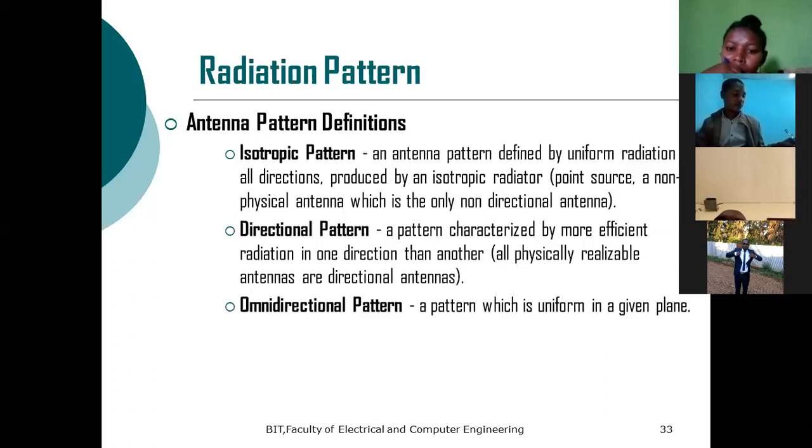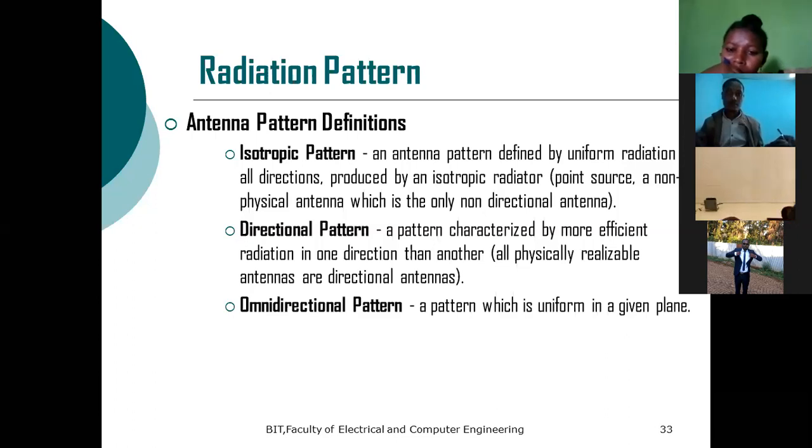But the physically existing types of antenna can be classified as either directional or omnidirectional, depending on the radiation pattern or antenna pattern.